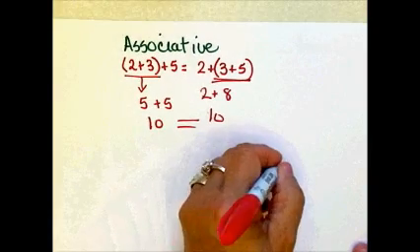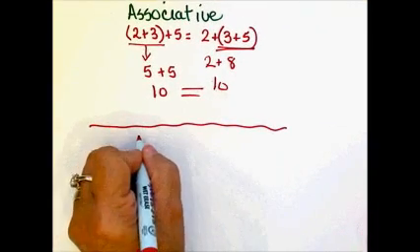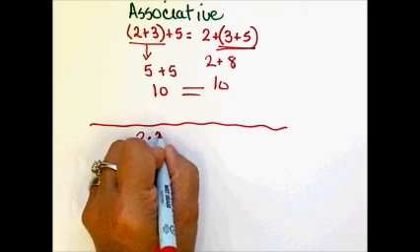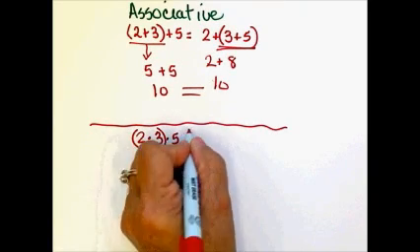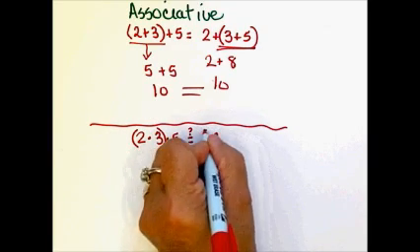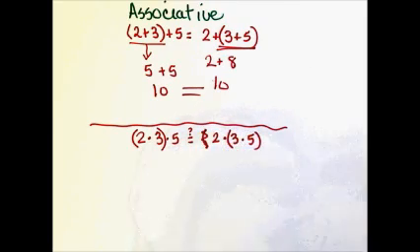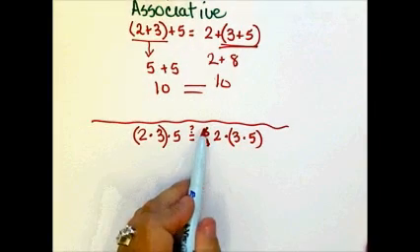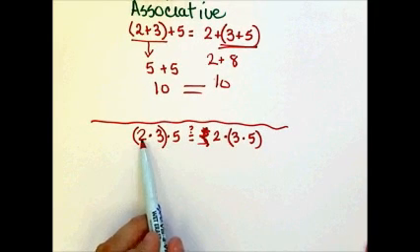Let's see if it holds true for multiplication. Alright, let's just change those to 2 times 3 times 5, and 2 times 3 times 5. Now, remember that we are having the numbers in exactly the same order.